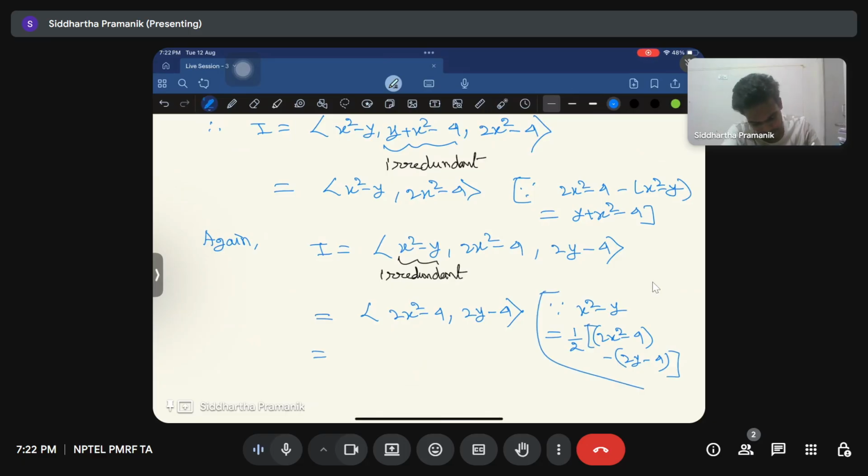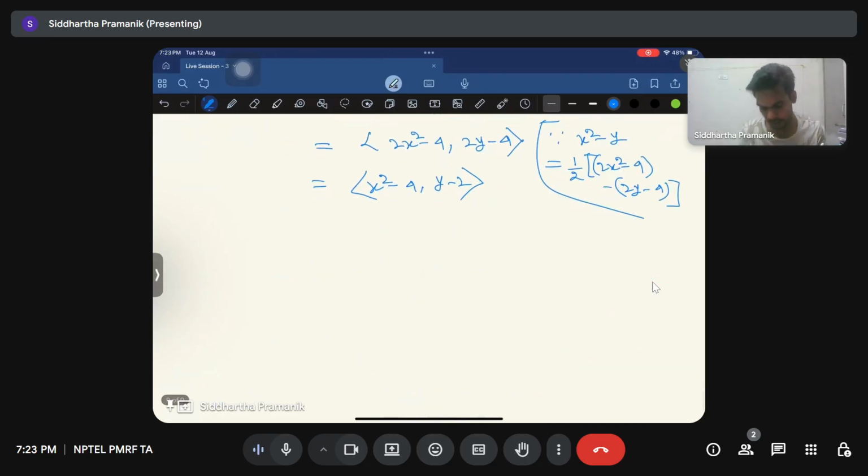And C is a field, so these are generated by x square minus 4 comma y minus 2. So we have found some decent generators.